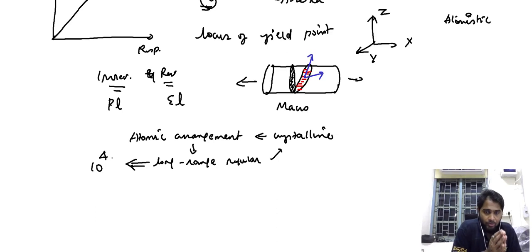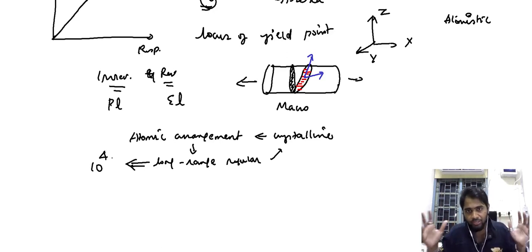Again, when you have a local regular arrangement of the atoms in the atomistic range, that will be referred to as the short range arrangement of the atoms. It is possible for a material to have a short range arrangement of the atoms where the atoms are locally arranged in a regular manner. This can only be referred to as the long range arrangement when this local regular arrangement is extended to the order of 10 to the power 4.